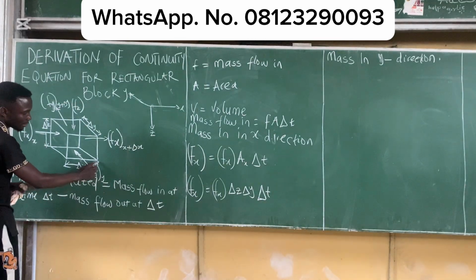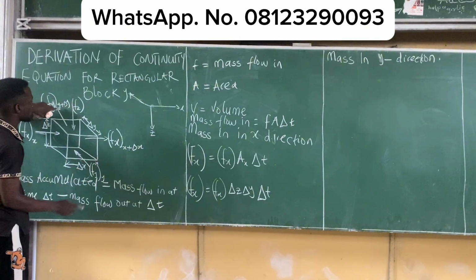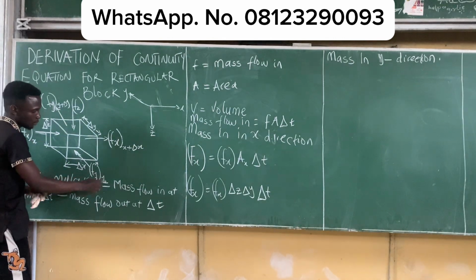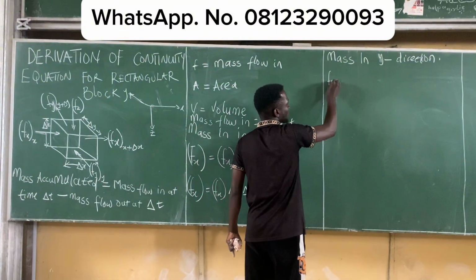Remember, the beginning distance is y, then from here to here gives us y plus change in y. So our mass flow in for y becomes F at y.